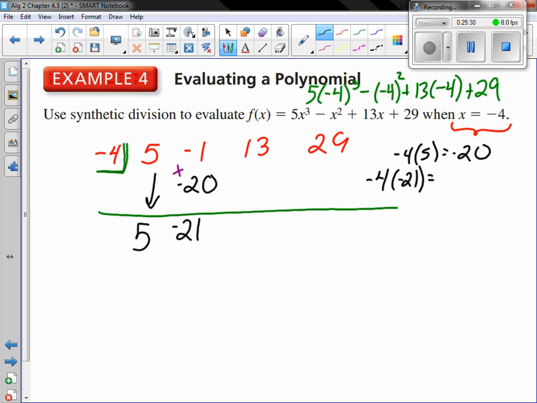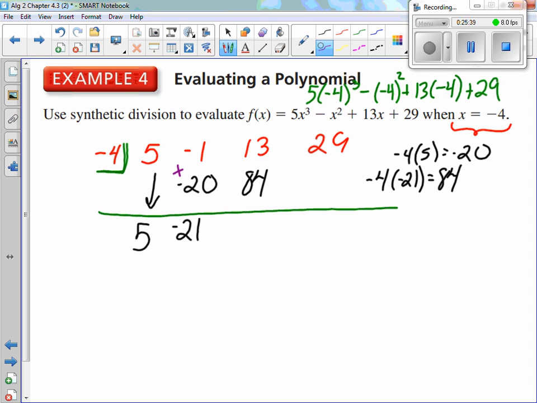Then we do negative 4 times negative 21, positive 84. And then we would add. And yes, we would get positive 97.